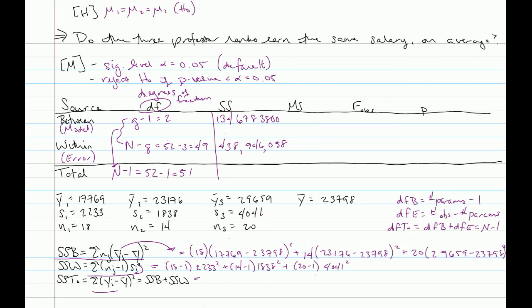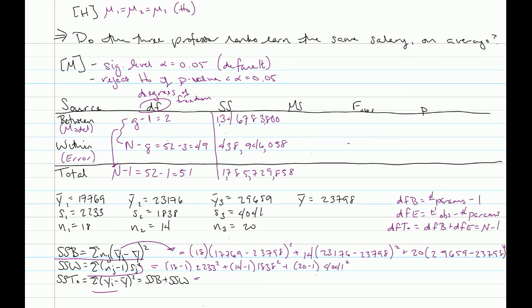But SS total really is our total sums of squares, so we can just take our SSB plus our SSW. And that would give us 1,785,729,858. So we have a huge sums of squares total, but we don't ever really analyze that. We just need that so that we know what our total variability is.